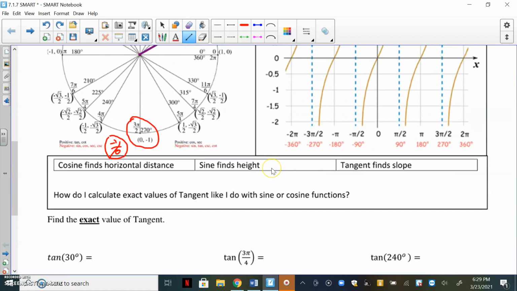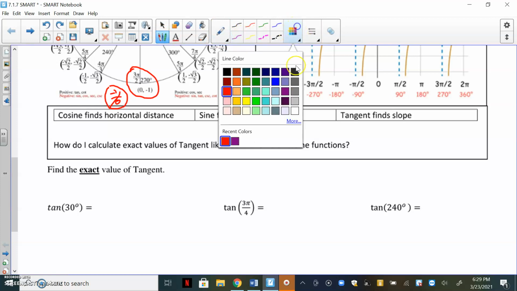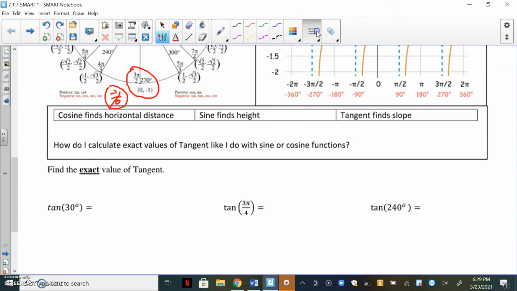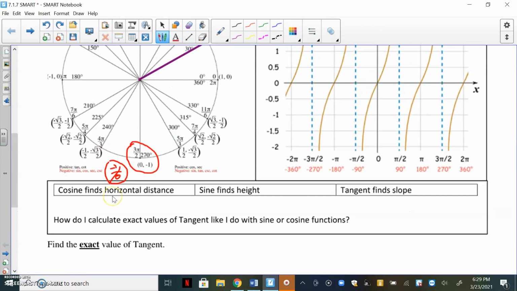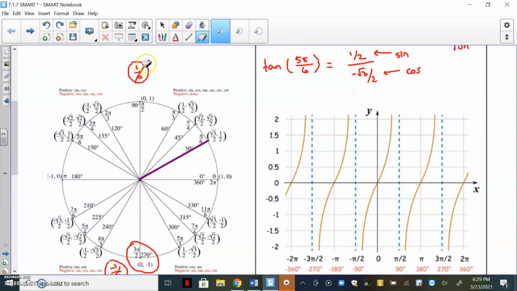All right, so now let's do some practice calculating these tangent values. All we have to do is use the unit circle and recall a little bit about how to divide fractions, because we don't want decimals. If I ask you for the tangent of 30, you're going to go to your unit circle, and let me erase all the things I've marked on my unit circle here.